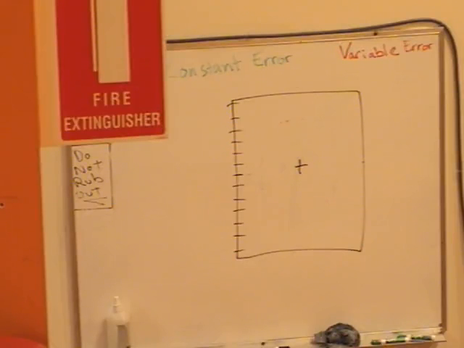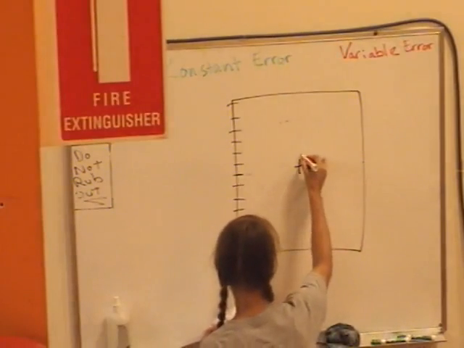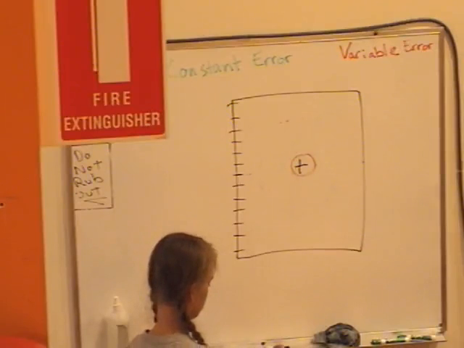So, Mishka, could you go draw that on there? Draw those 4 scenarios. So the first one's a small constant error and a small variable error. Yeah, so like all of the marks would be in that area.